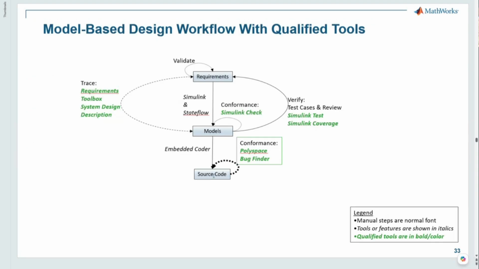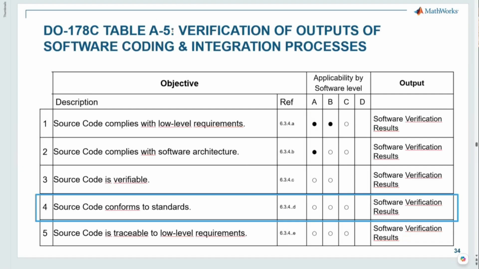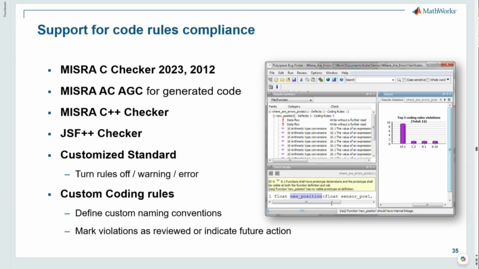On the source code, now there's an objective to demonstrate that the source code complies with coding standard. This is table A5, source code conforms with standard, which is required for level A, B, and C. This can be done with Polyspace Bug Finder. Polyspace Bug Finder allows you to analyze any type of C++ code. It can be used with code coming from Simulink, but also for code written manually.